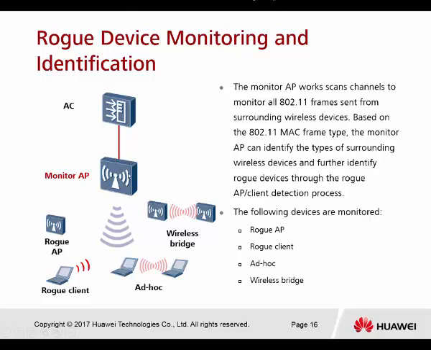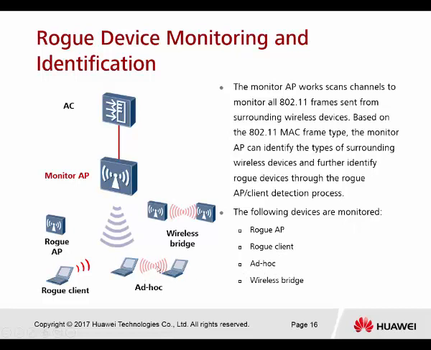If we change the AP to become a monitor AP, that means this AP can't provide any services to access users. It's purely for scanning purposes. So they scan the surroundings, and they can monitor the rogue AP, the client, and ad hoc.